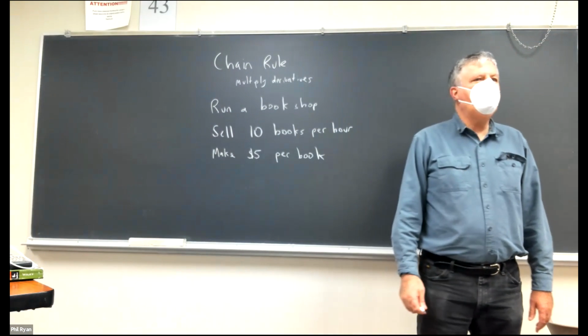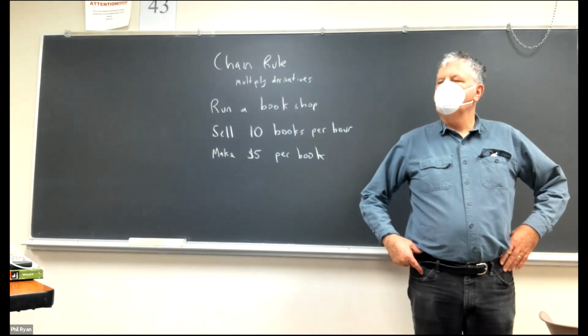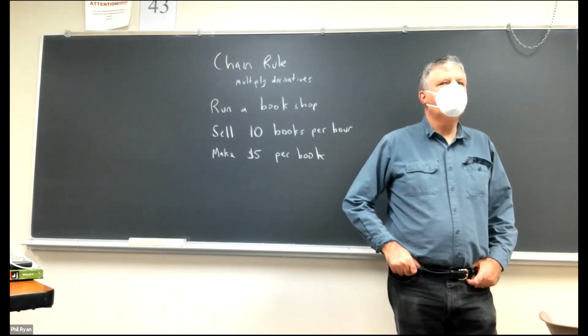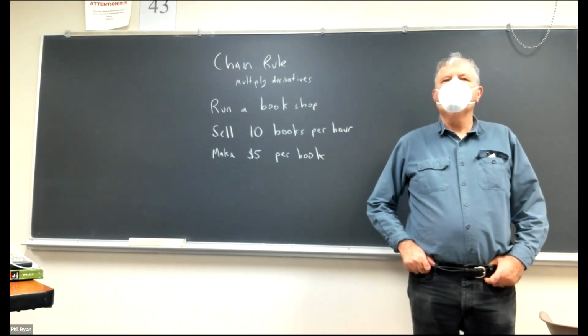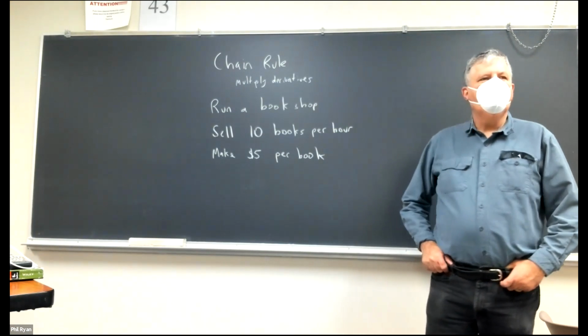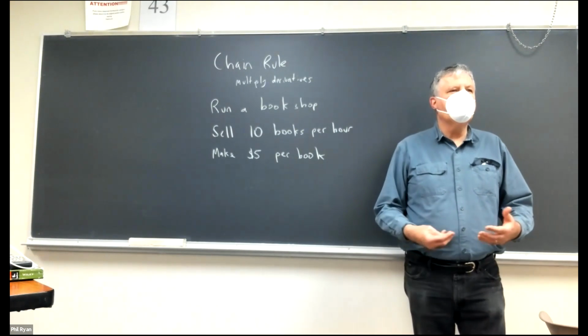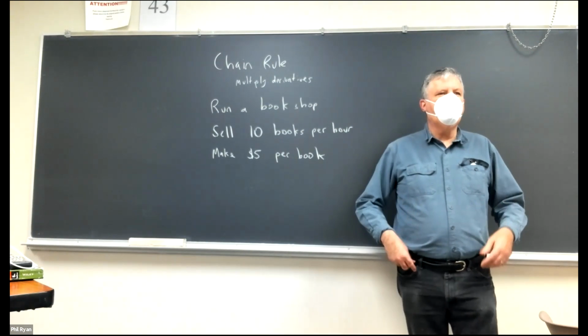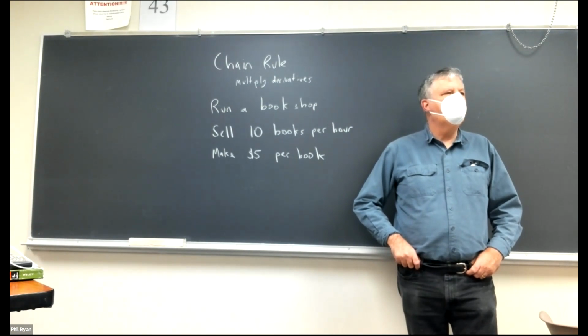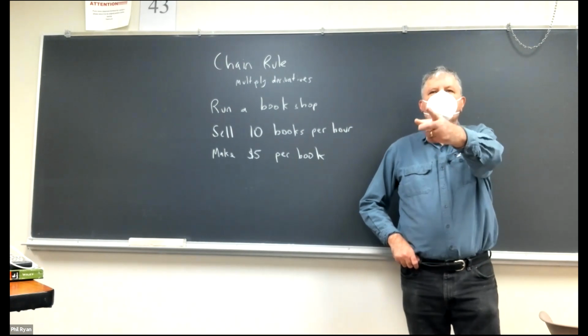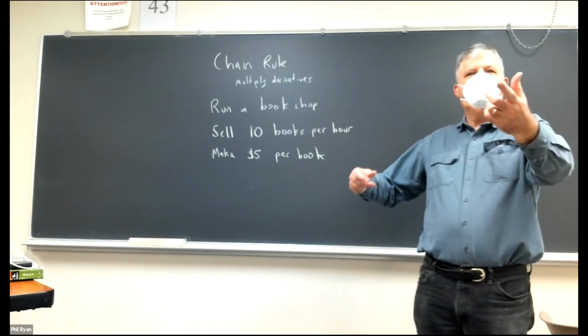What's the rate at which we're making money? If we're selling 10 books an hour and we're making $5 per book, how many dollars per hour are we making? Making $50 an hour. Exactly.